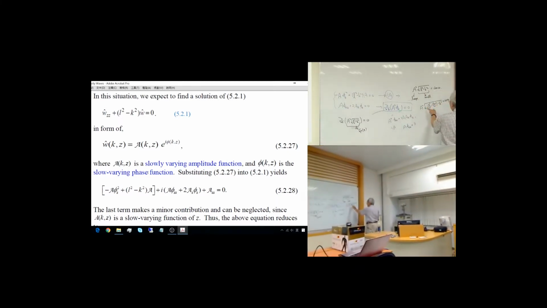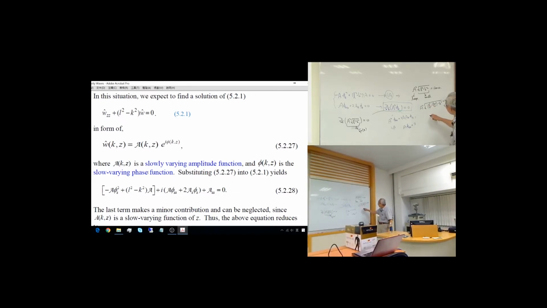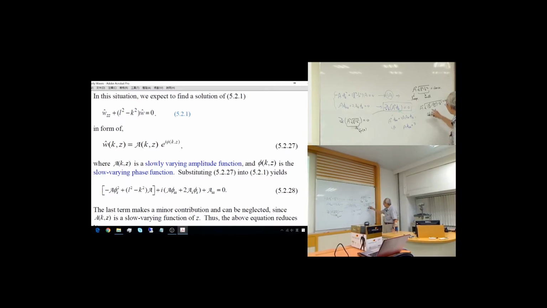So you want this term to be small. That means n is to be small, and u to be large.